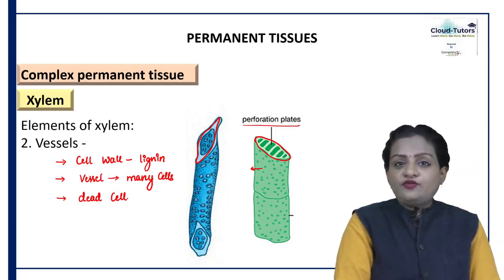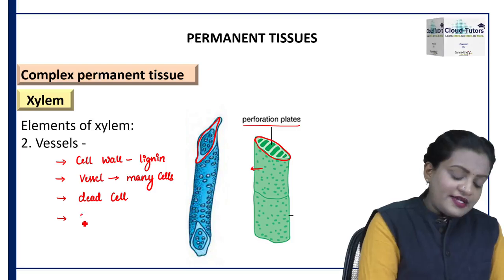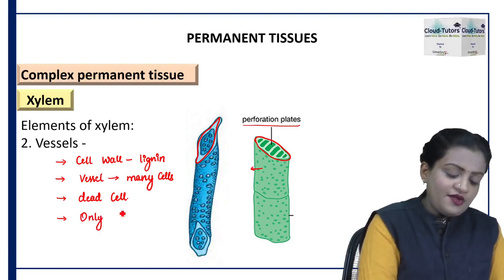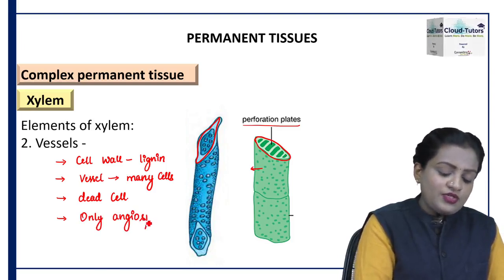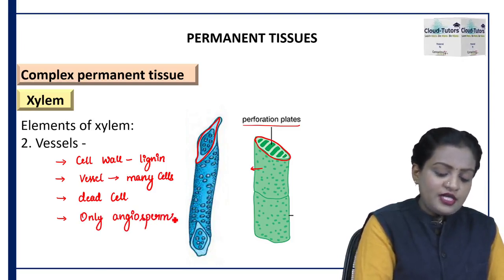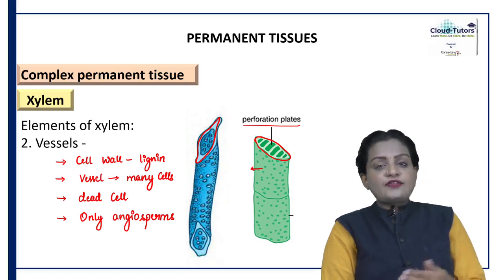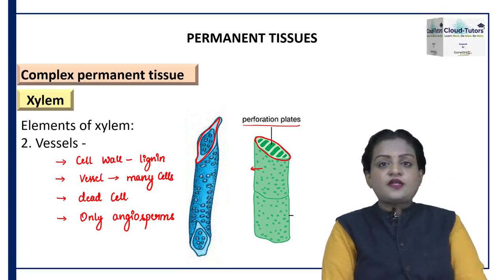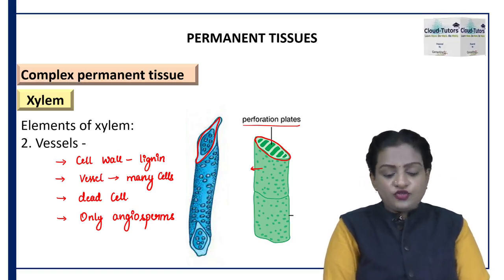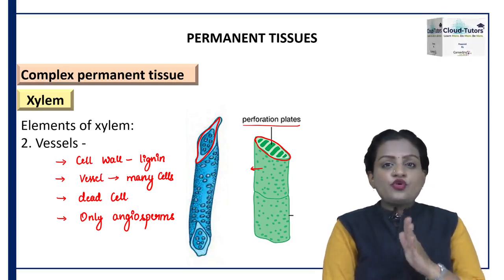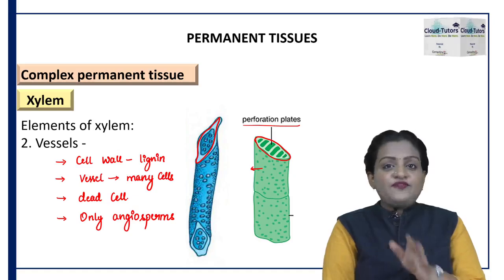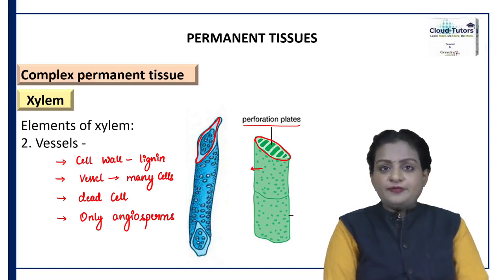And where do you find vessels? Vessels are characteristic feature of only angiosperms. Only angiosperms. Tracheids are seen in all vascular plants, but vessels are characteristic feature of angiosperms. Between vessels and tracheids, vessels are more specialized and more efficient in transporting water.